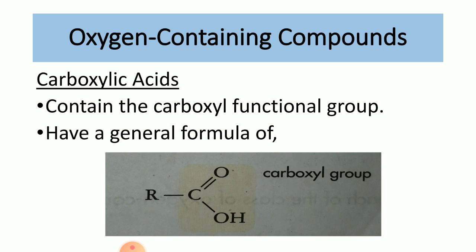The highlighted part of the image is the carboxyl group. That is the combination of the carbonyl group and the hydroxyl group. The carbonyl group is the double bond between C and O, and the hydroxyl group is the OH. Joining them together, that will be the carboxyl group.